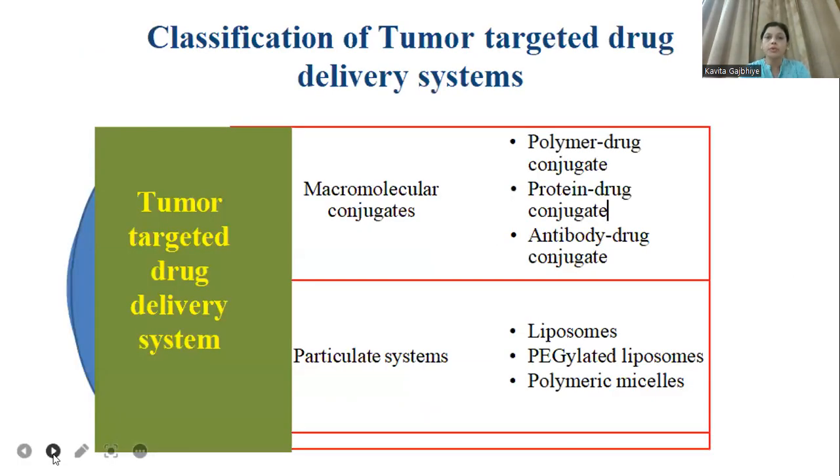The classification of tumor targeted drug delivery. Here it is basically classified on the basis of the kind of carrier systems used for the delivery of anti-cancer drugs. So macromolecular conjugates or particulate systems are useful. In the case of macromolecular conjugates, we can say polymer drug conjugate, protein drug conjugate, and antibody drug conjugate, and particulate systems involve liposomes, pegylated liposomes, and polymeric micelles.